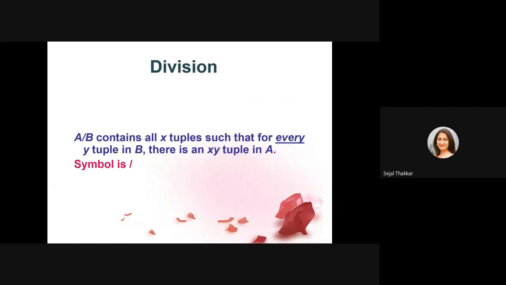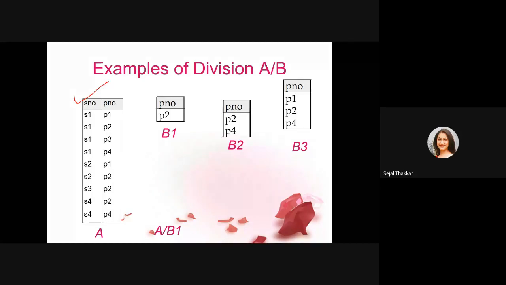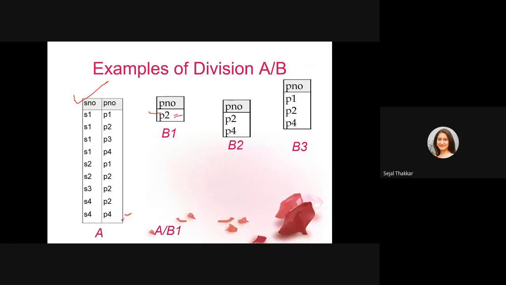The next is division. Now, what does division mean? You can see here how to find the division. Suppose I'm taking the division of A by B1. This is table A with all its rows, and table B1 has only one row, with the value P2. Now I have to find where exactly P2 belongs.